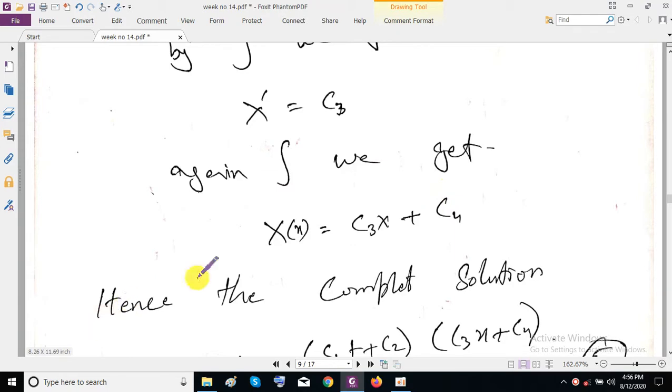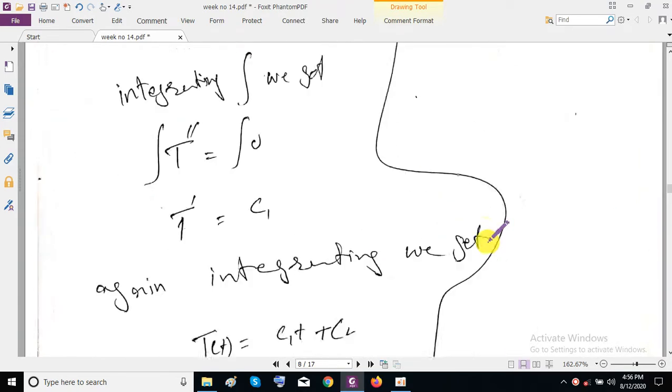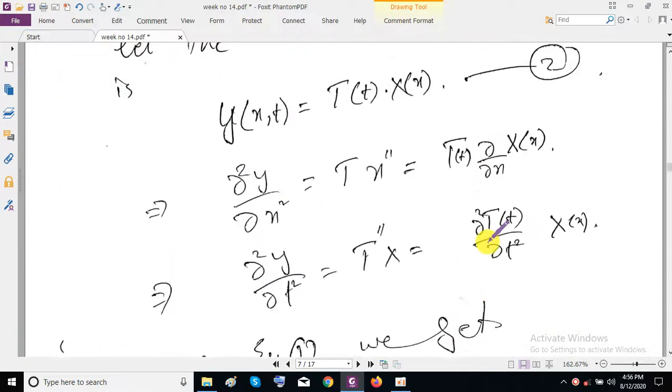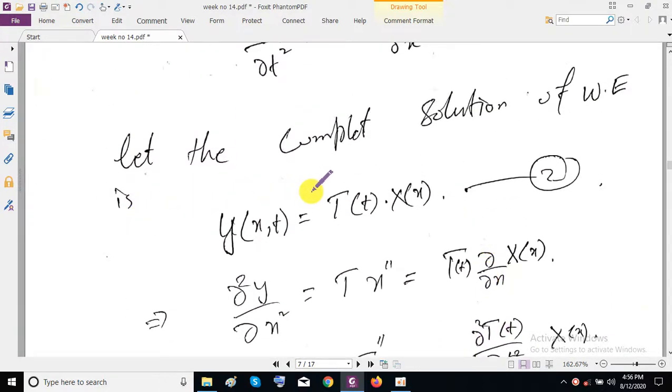So hence the complete solution, we already mentioned that, look at here, this is the solution, okay, this is the solution of the given equation. So we just need to find t of t and x of x, and then put the values of t and x of x here.